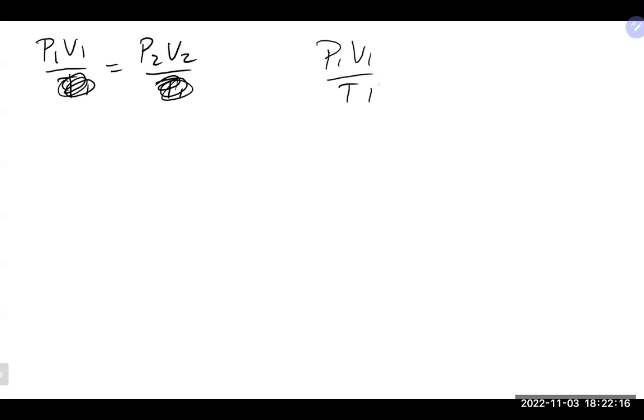And just to show you how that works, if you remember this gas law, which is the combined gas law, and you are reading a problem and you see it has no temperature, you just scratch out temperature and you have Boyle's law. If you remember this gas law and you're going through a problem and frankly it has no pressures, you scratch out pressures and there's Charles' law right there.